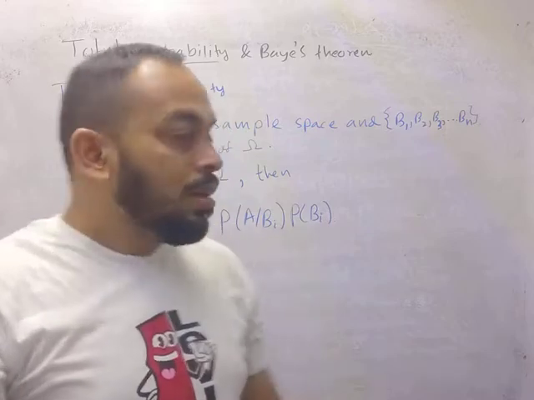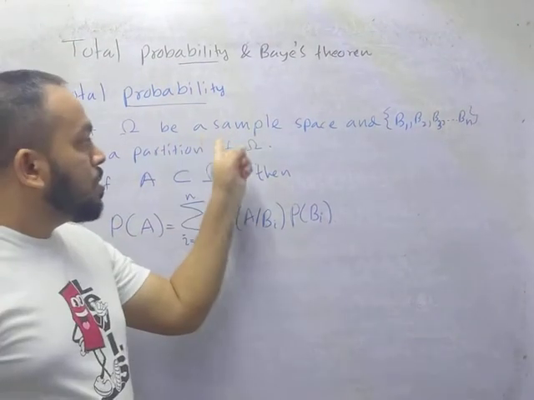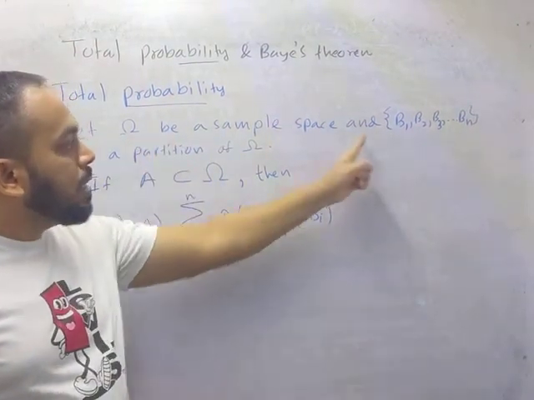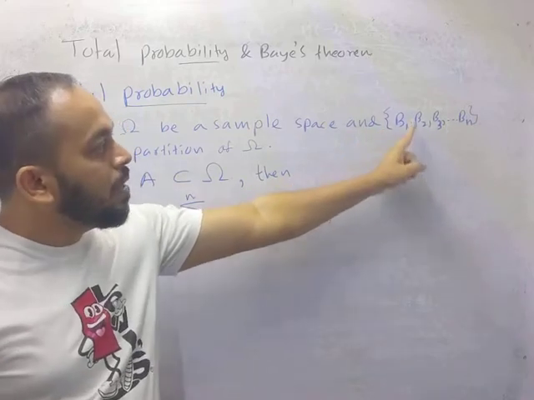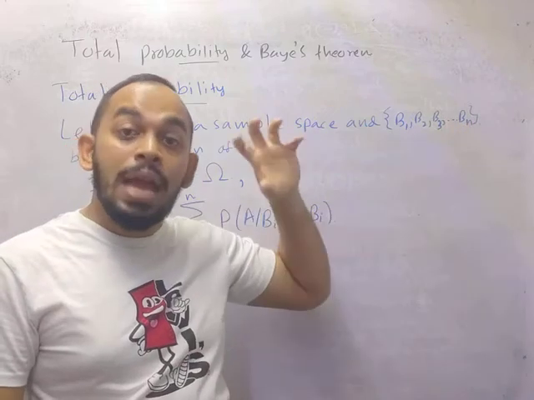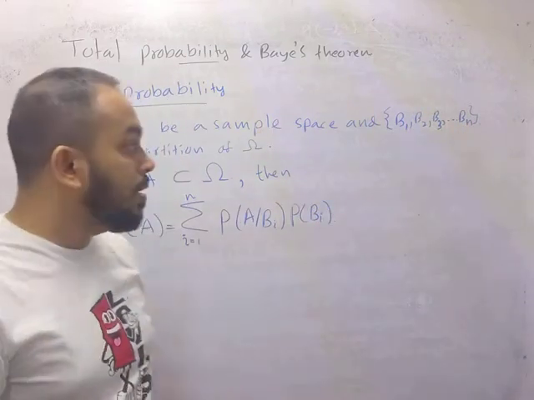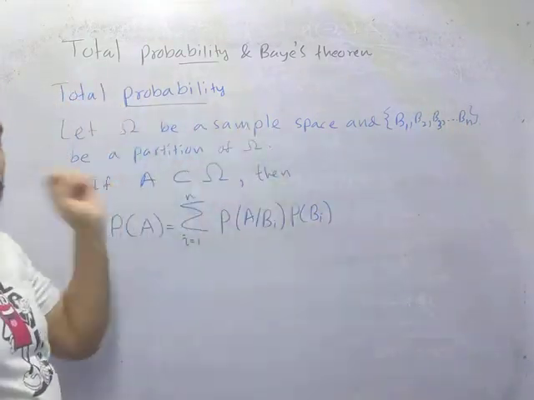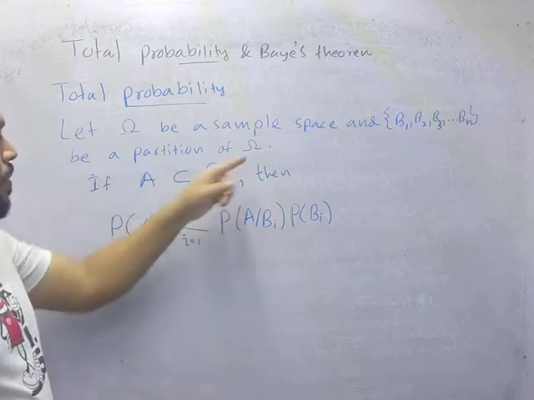So suppose omega is a sample space and this sequence B1, B2, B3, dot dot dot, Bn, so we have n different events, is a partition of this.